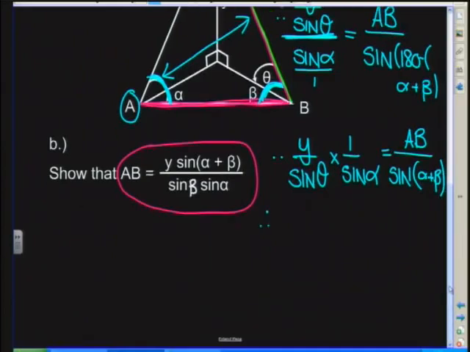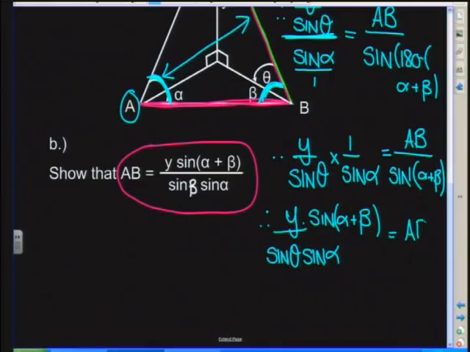Right, let's tidy up. I've got y over sine theta equals sine alpha, and I'm going to bring the sine of alpha plus beta up onto the other side, and that's equal to AB.